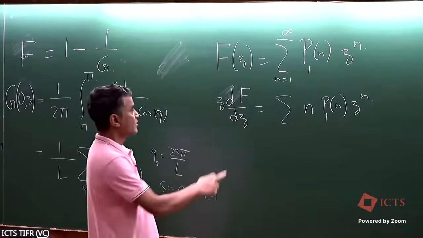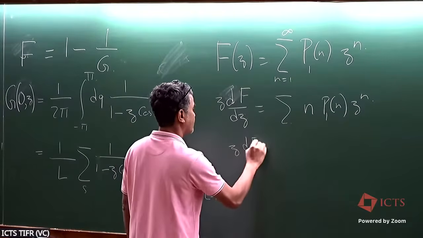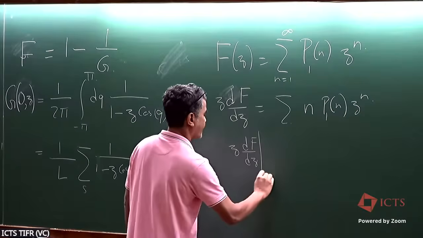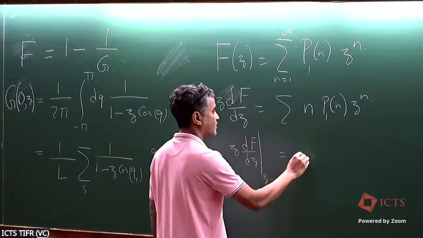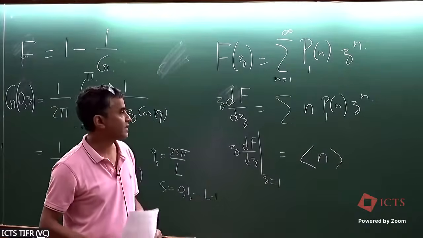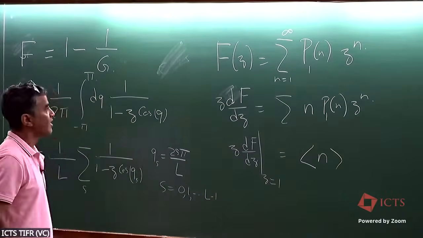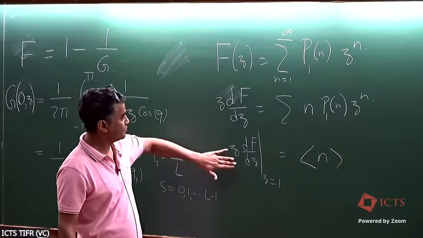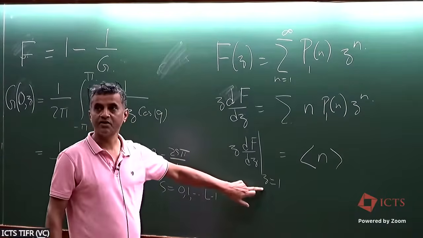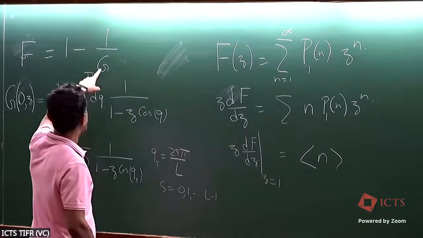Okay, so now if I set z equal to 1, then it's clearly this is the expected return time, right? Because so this n p1 n, that's the expected return. Okay, so given f, if I do z df dz and set z equal to 1, that gives me the expected return time, right? So now we have f is this.